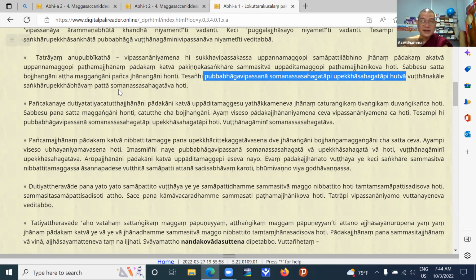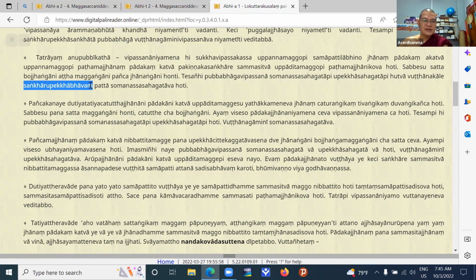That vipassana jnana can be with somanasa, or sometimes with upekkha. But when it reaches the saccavibhaṅgo state, it must be associated with somanasa, because the magga is the first jhanika magga.